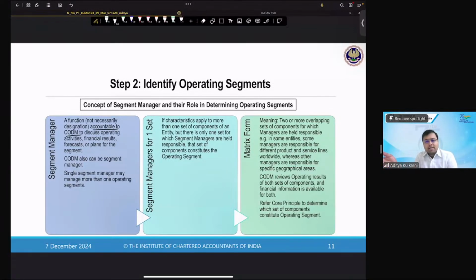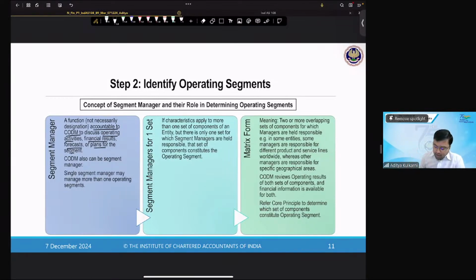The business unit heads in this case become what we call a segment manager, to discuss operating activities, financial results, forecasts or plans for the segment.